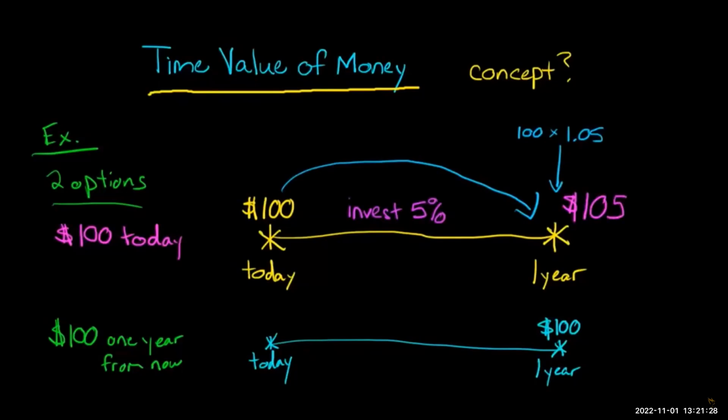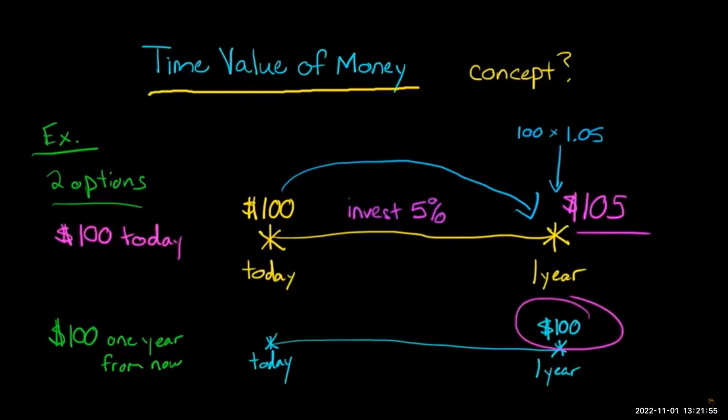So we see that if you get the money today, sooner rather than later, there's a value to getting it earlier because it can be invested to earn a rate of return. At the end of the period, you end up with more money than what you started with. When we look at the other option, where you get $100 at the end of the year, you didn't have the option of investing because you didn't have the money.